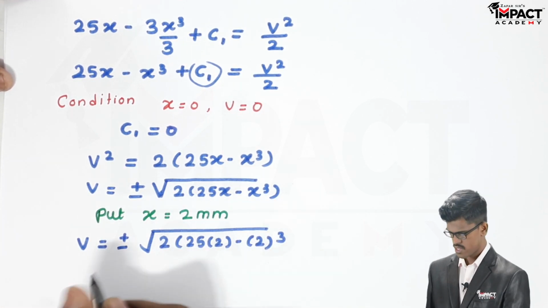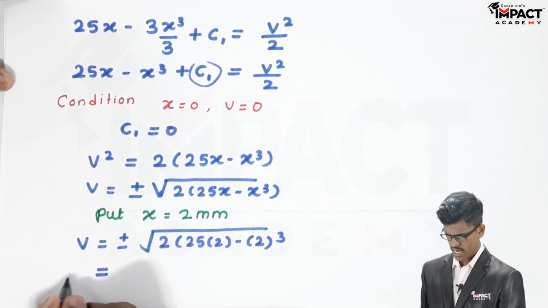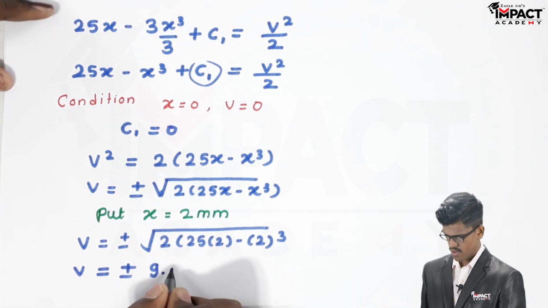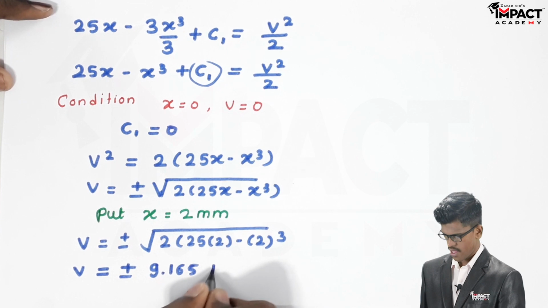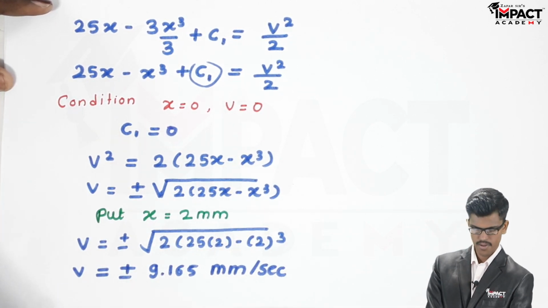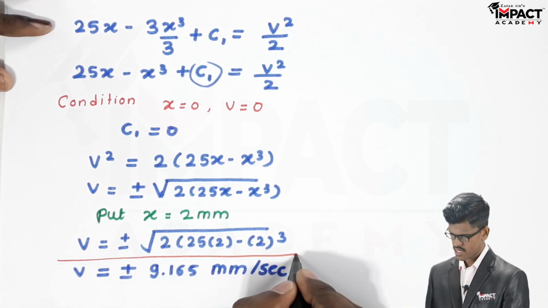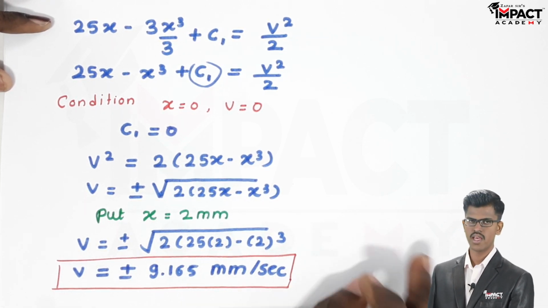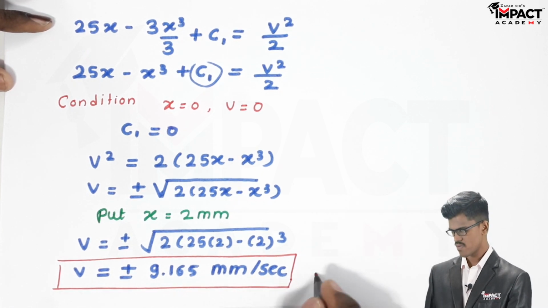If we solve this equation, we get v = ±9.165 mm/s. This is our first unknown, the velocity of the particle when x = 2 mm.